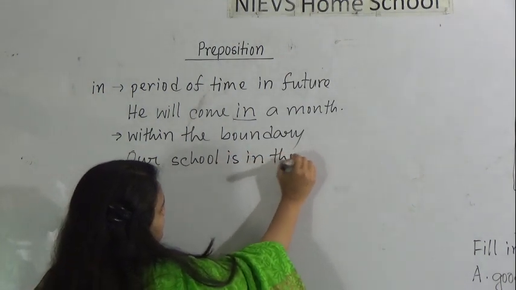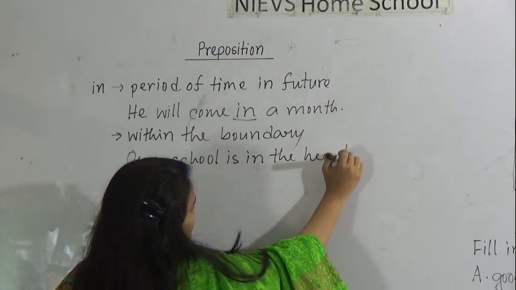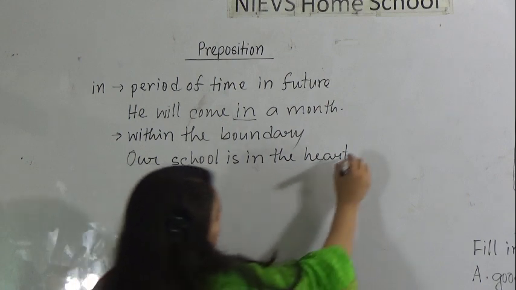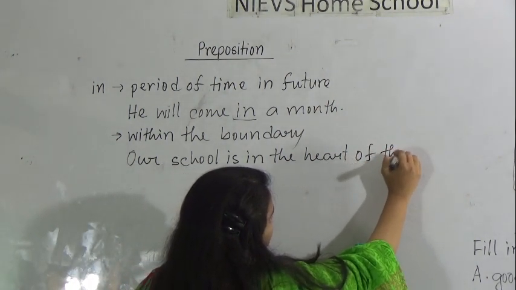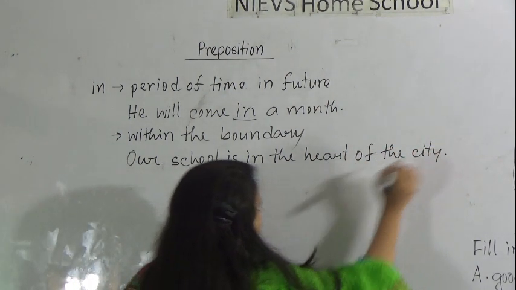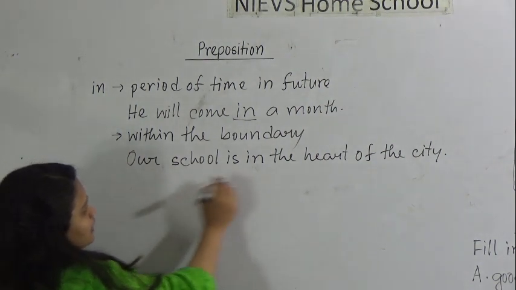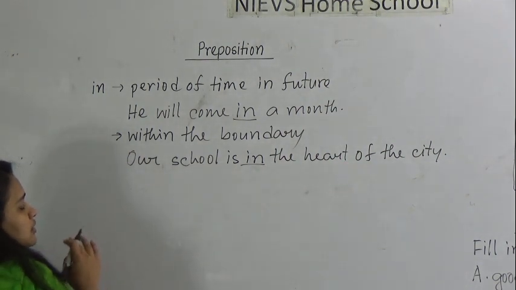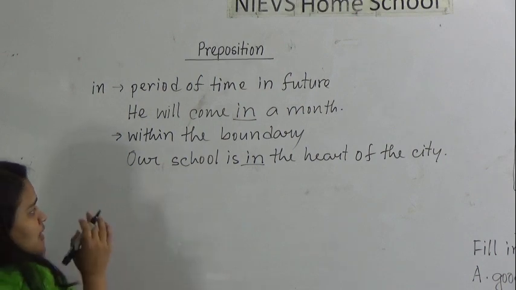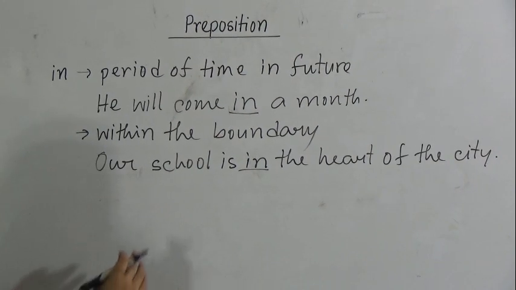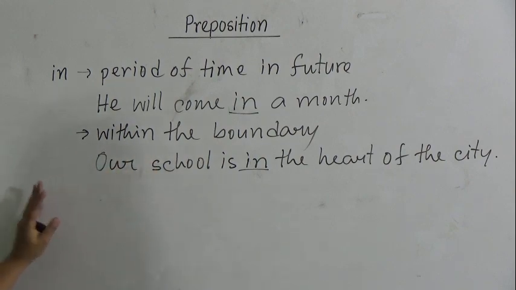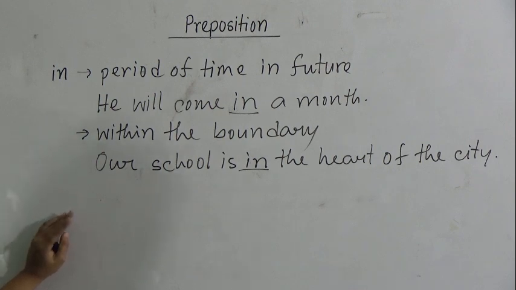Our school is in the heart of the city. That means if you imagine the city as a boundary, it is inside the city. Our school is inside the city. So we can use in for a period of time in the future or within the boundary.